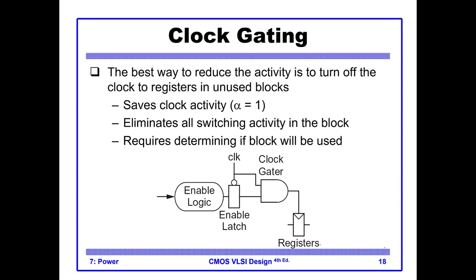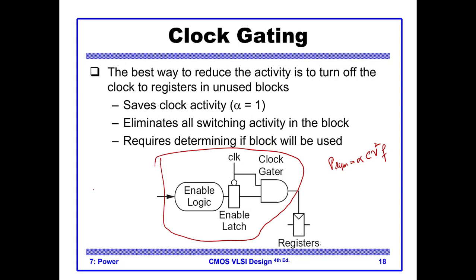Now, what is clock gating? If we want to reduce the activity factor, because the dynamic power was alpha c v square f, so if we want to reduce alpha, which is the switching activity of data signals, we can use a scheme like this. So this is our clock gating logic, and this is our circuit.